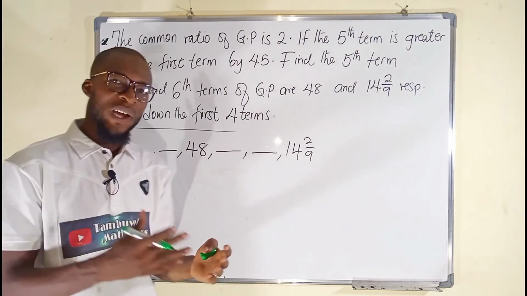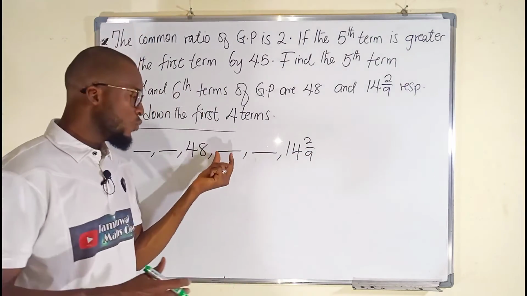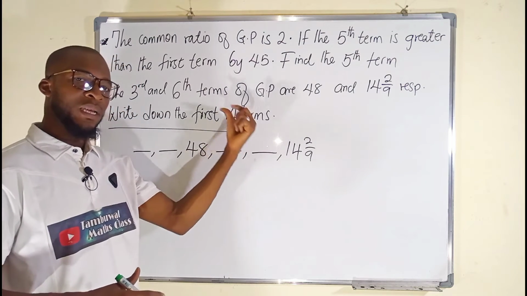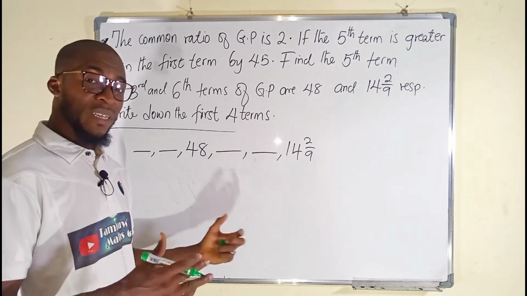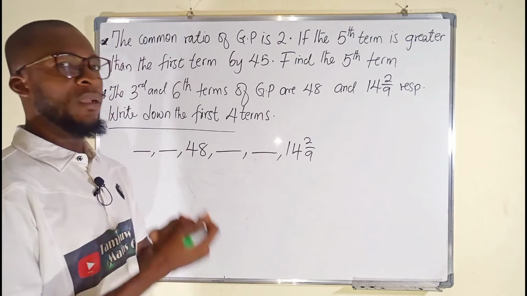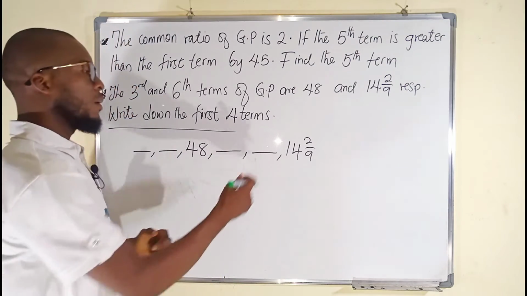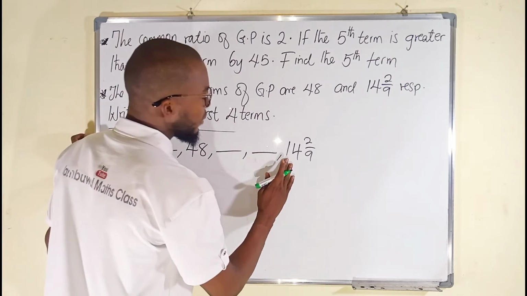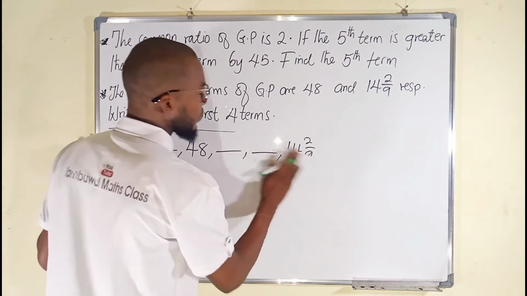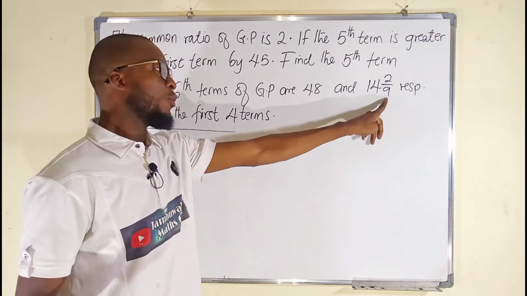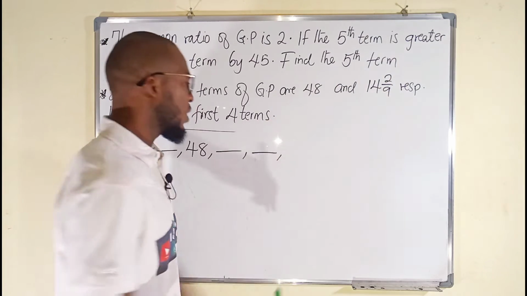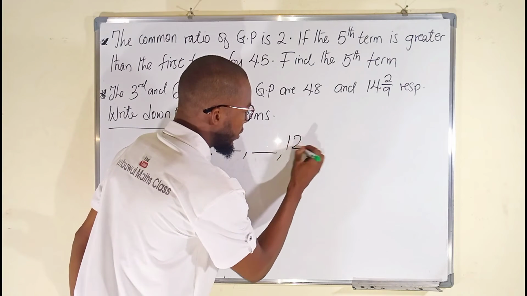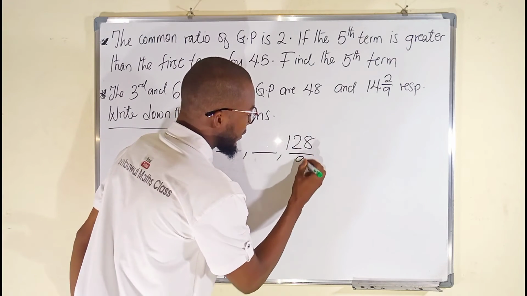Normally, if we want to find the common ratio, we take a term and divide by the term before it. But in the case of non-consecutive terms, let me show you how to find that common ratio. But first of all, let us change this to an improper fraction. 9 multiplied by 14 is 126, plus 2 is 128, divided by 9.